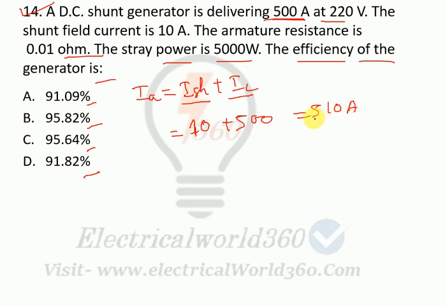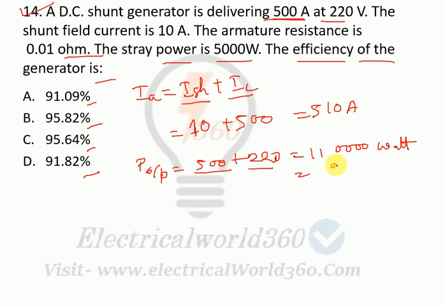That means the armature current is 510 ampere, and the power output is 500 times 220, that means current times voltage, which is 110000 watt, that is 110 kilowatt.